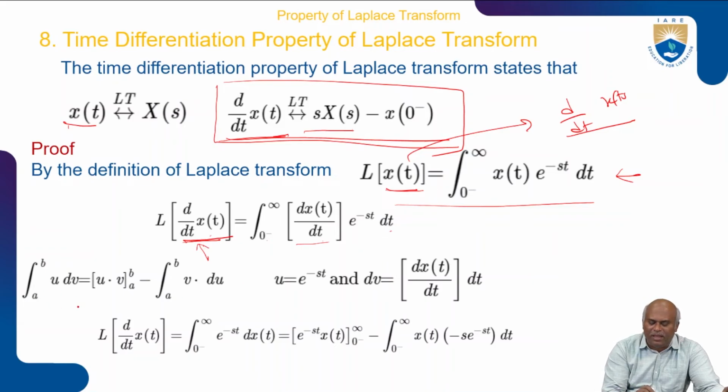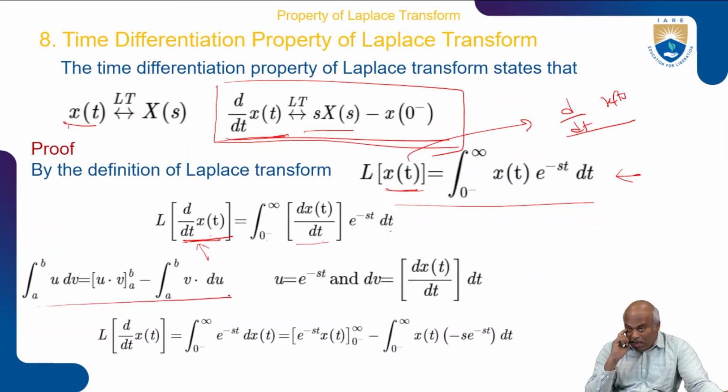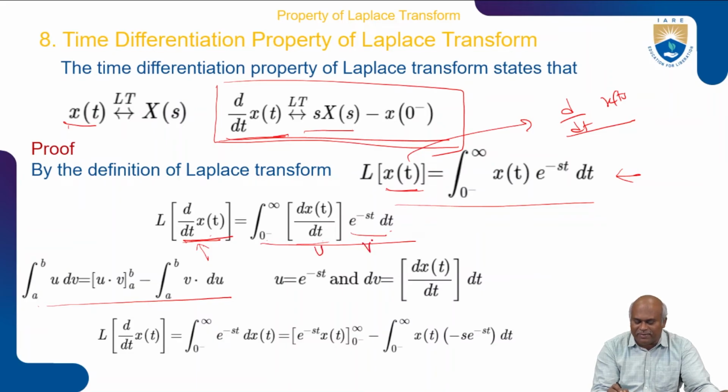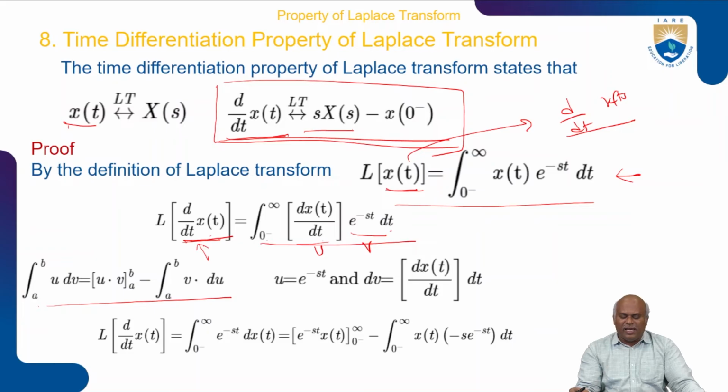Now I use the integration from a to b of u dv equal to uv evaluated between the limits a and b, minus the integration from a to b of v du. This equation I adopt for this value, where this is u and this is v.